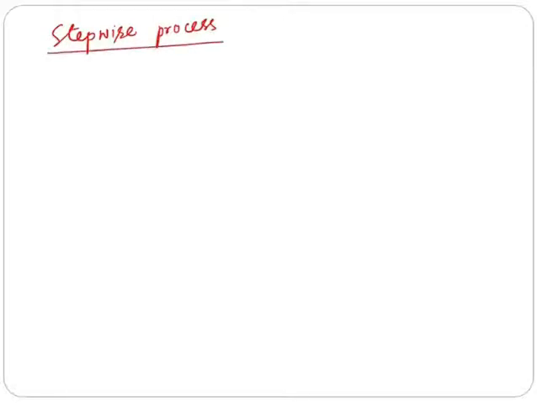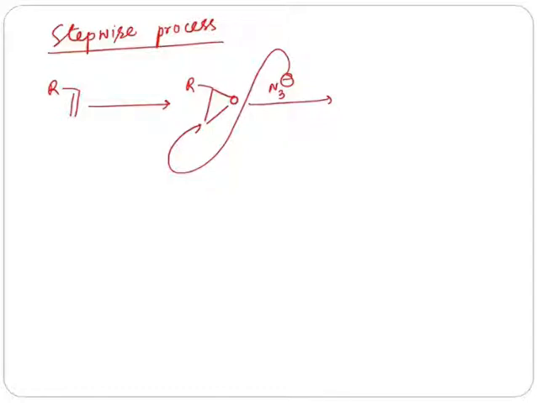In the stepwise process, from olefin, first we need to have the epoxide. Then the epoxide ring is opened up by azide anion to form an azide intermediate.